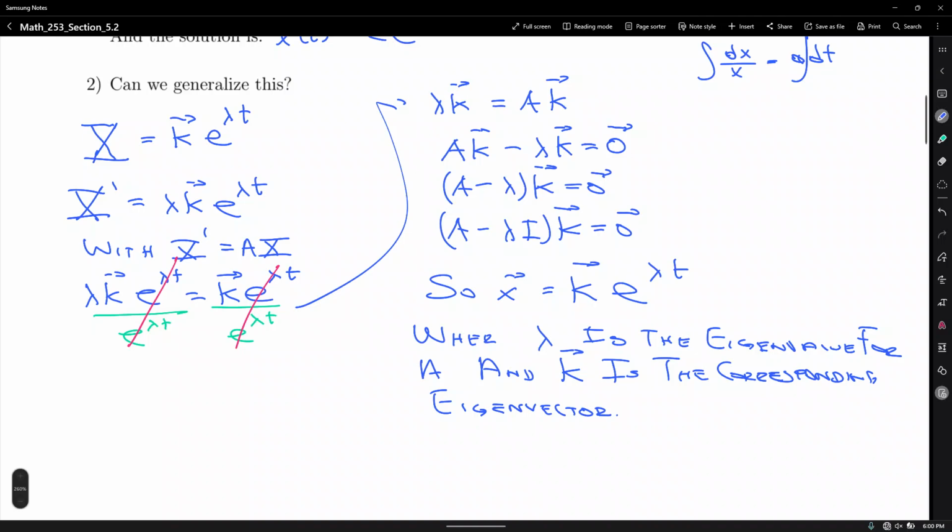That's all it is. Everything just reduces to solving an eigenvalue, eigenvector problem. That means you guys are ready for this.